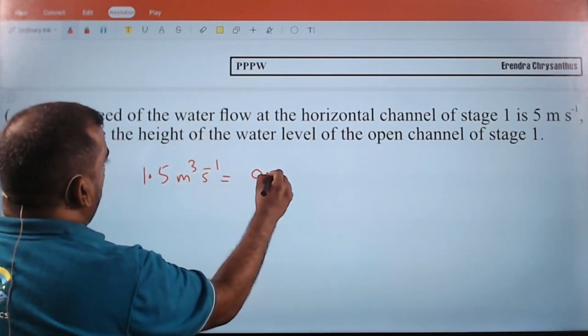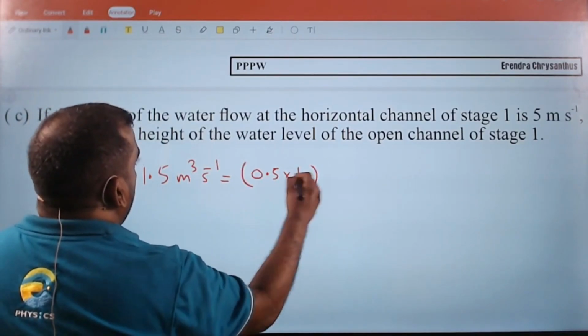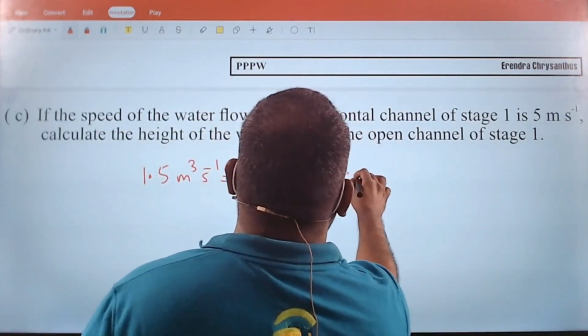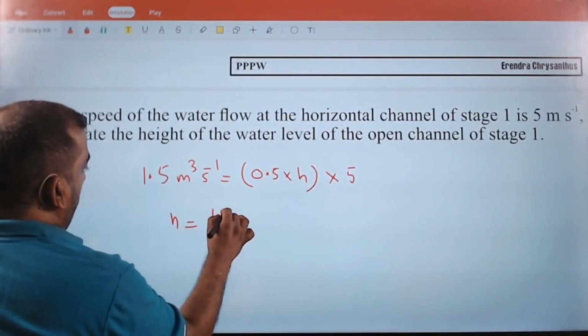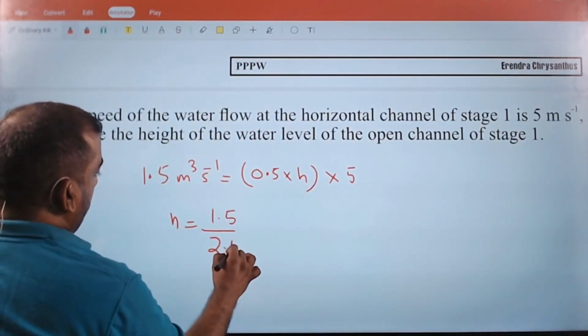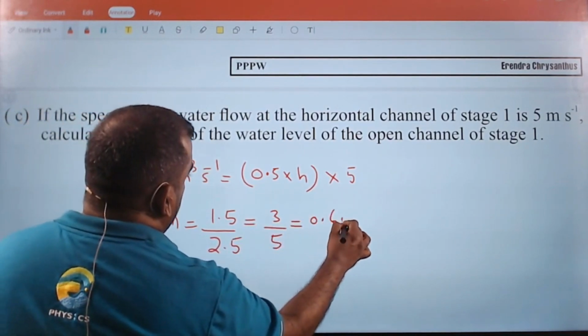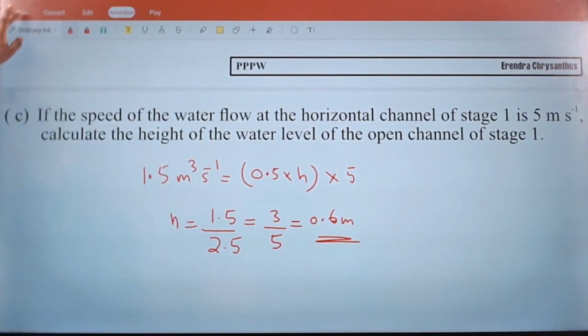Area is 0.5 into depth, let's say height h1, into velocity 5. H is equal to 1.5 divided by 2.5, 3 over 5, 0.6 meters.